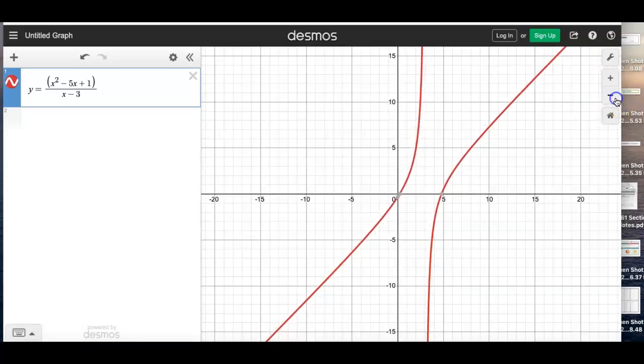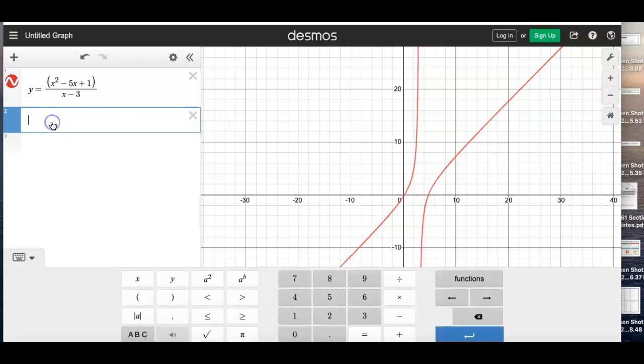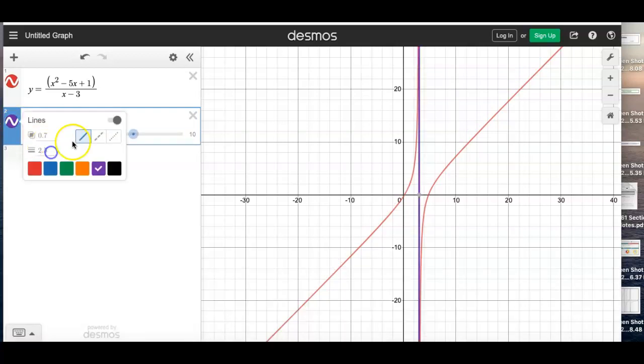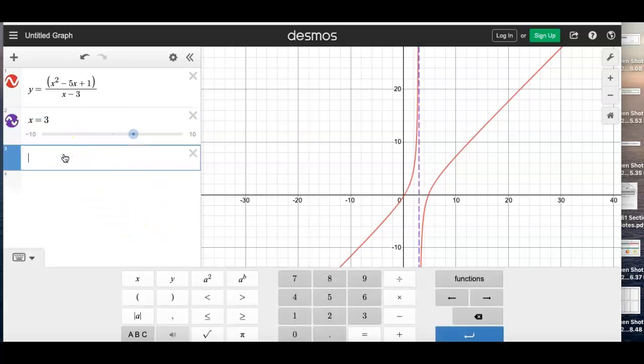I can zoom out. It looks like our graph, but we will be more sure if we actually graph our asymptotes. First, the vertical asymptote is at x equals positive 3, and it looks like that's good. And the horizontal asymptote didn't exist, but we had a slant asymptote at y equals x minus 2.